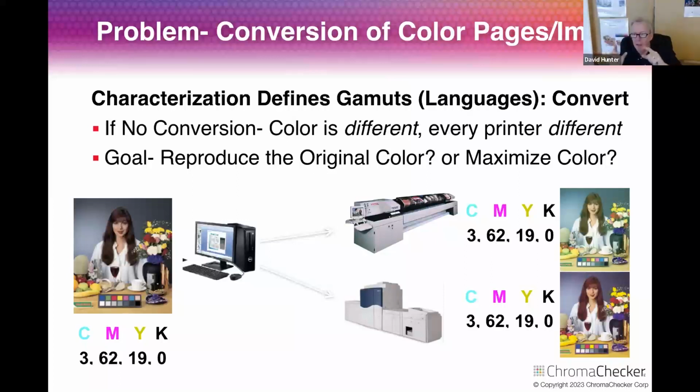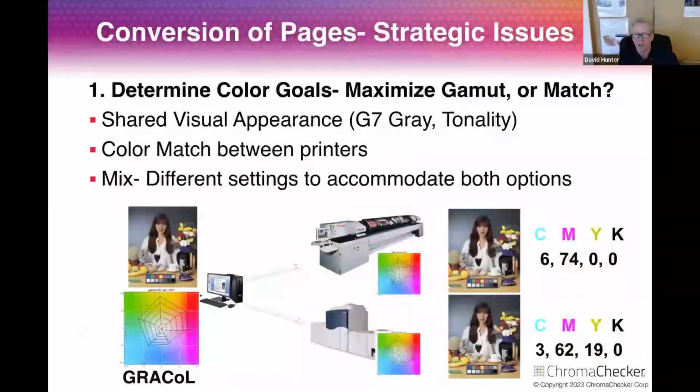Then for the customers that need to print on both the ViewTech and the Xerox, I can set a separate queue up and have the ViewTech dumbed down to the Xerox so that they match one another. So in this way, you need to think about your strategies for how you want to manage your color. And we're going to go through how you can optimize these strategies to deliver on your goals.